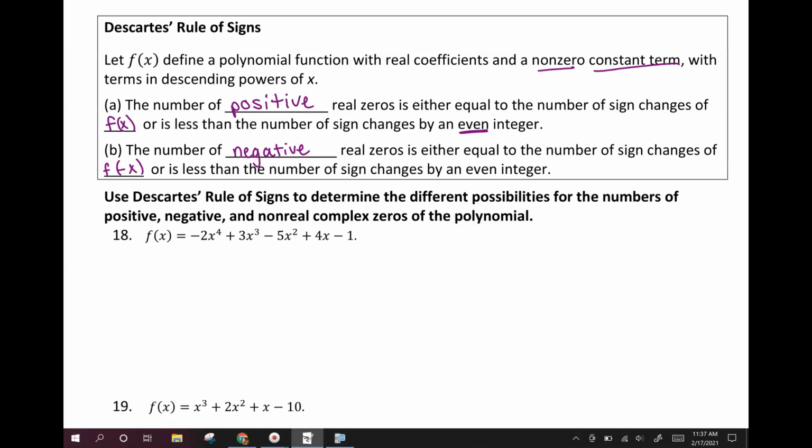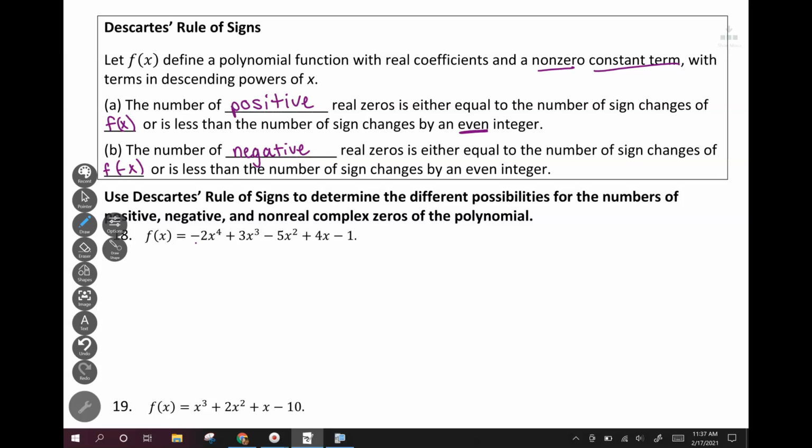All right, so it says to use Descartes' rule of signs to determine the different possibilities for the numbers of positive, negative, and non-real complex zeros of the polynomial. So first thing you need to do is count the number of sign changes in the polynomial, and here's what I mean by that.